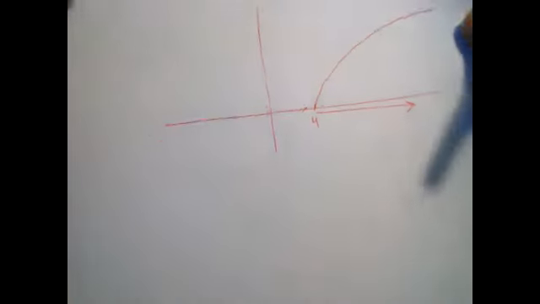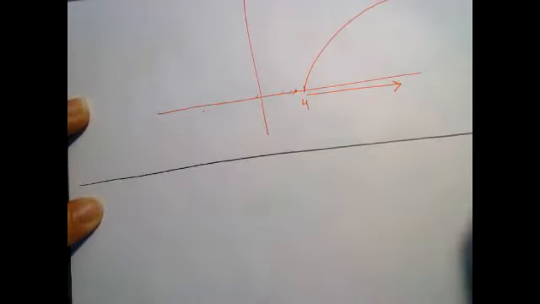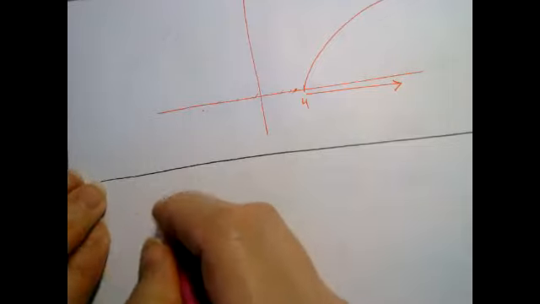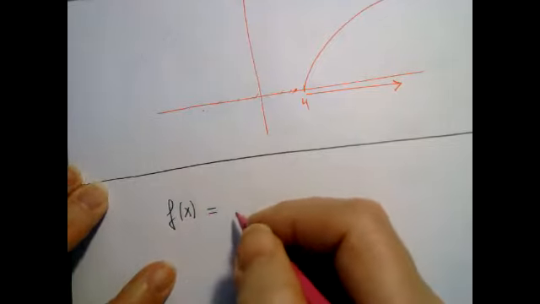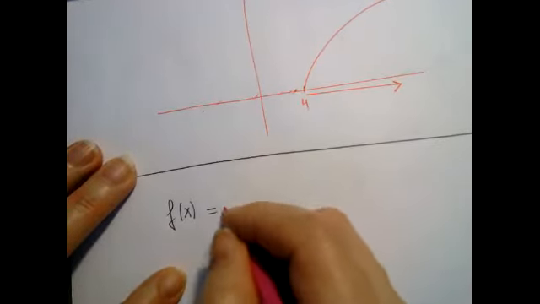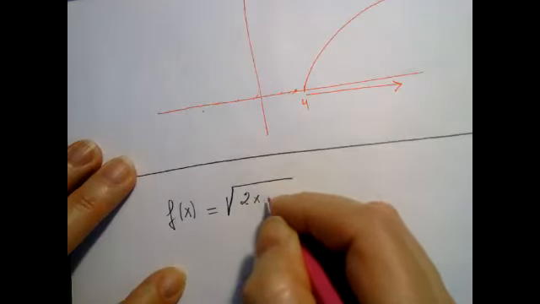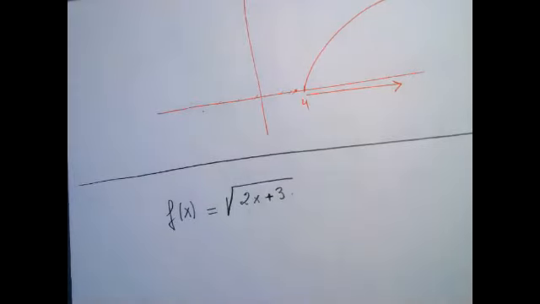So let's do 2 more problems along those lines, because I know that this is usually hard for the student, but that's okay. Let's take the following and I will let you figure it out. Suppose f of x is equal to the square root of 2x plus 3. A little bit harder, but the same thing.